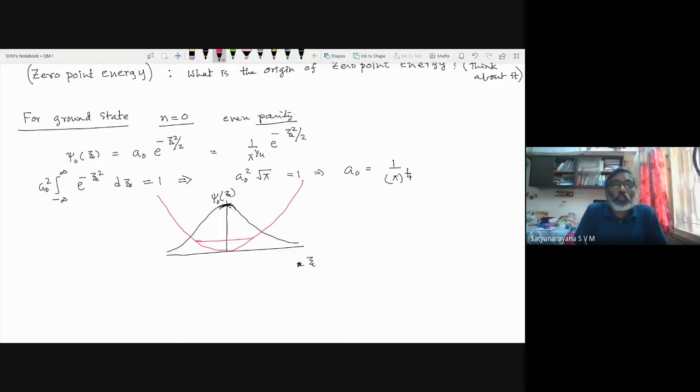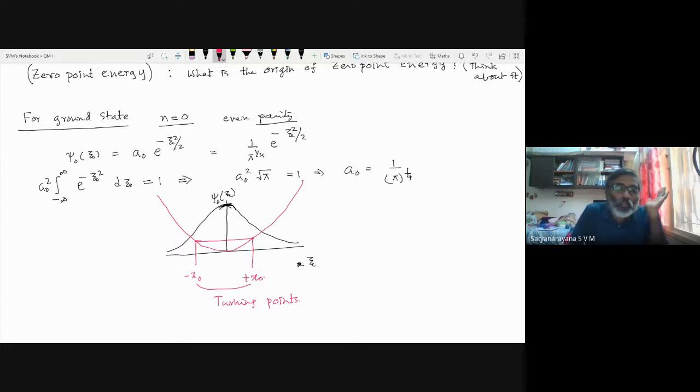So these points, let's call this minus x naught and this plus x naught. And classically, we know that these are turning points. If you have energy given by this value, that means all the energy at x naught is potential energy, then the particle will never cross this point.